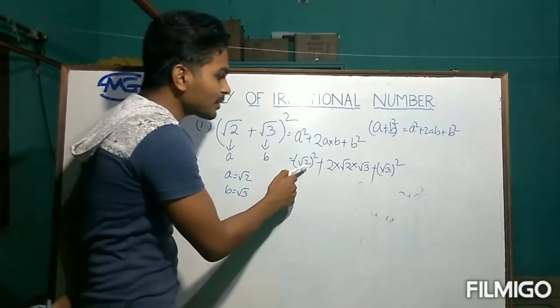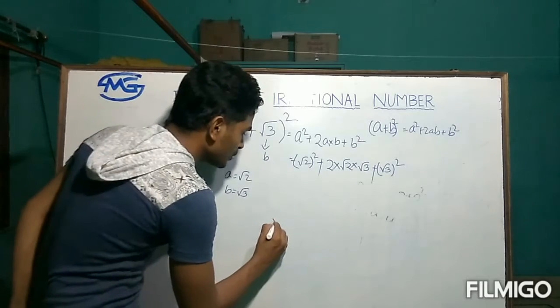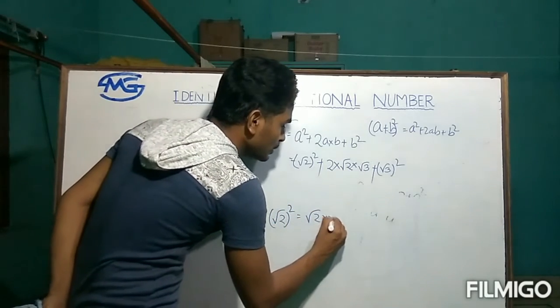Now we will find the value of root 2 square. We have already discussed it. Root 2 square is root 2 into root 2.